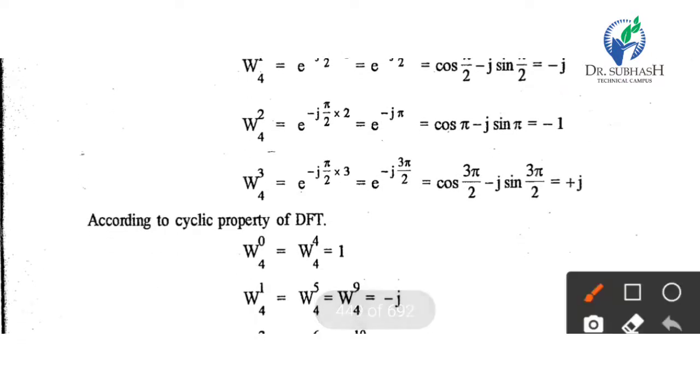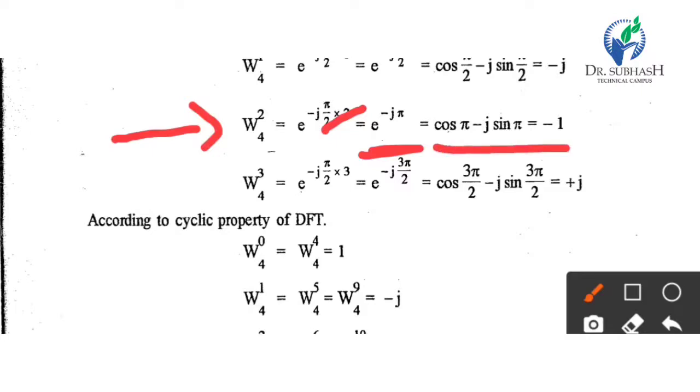Now the next value, W4 raised to 2, so it is e raised to minus j pi by 2 multiplied with the 2. So the 2 cancels, e raised to minus j pi. That means cos pi minus j sin pi. But we know cos pi equal to minus 1 and sin pi equal to 0. So this term will be cancelled and cos pi equal to minus 1.